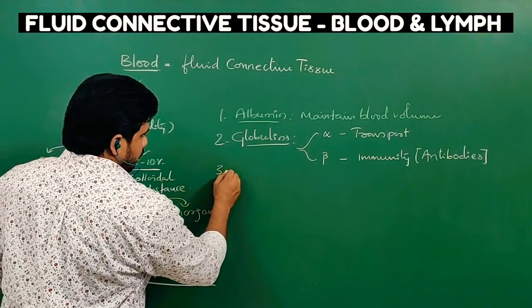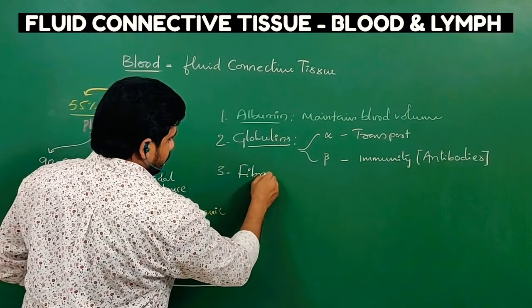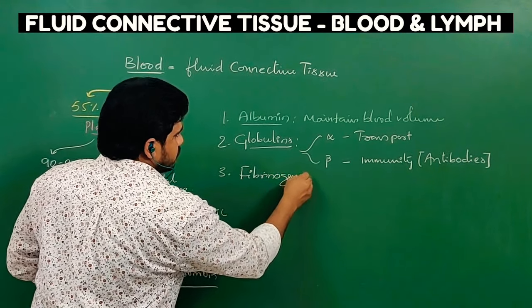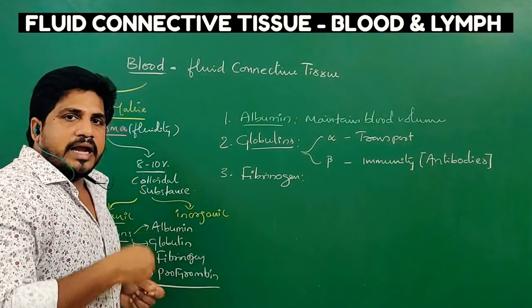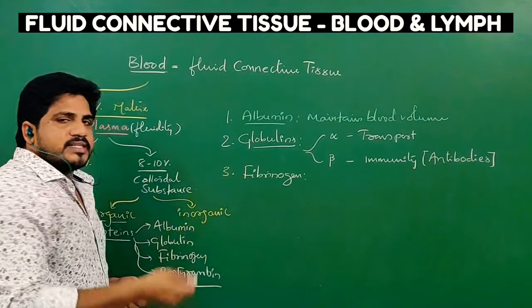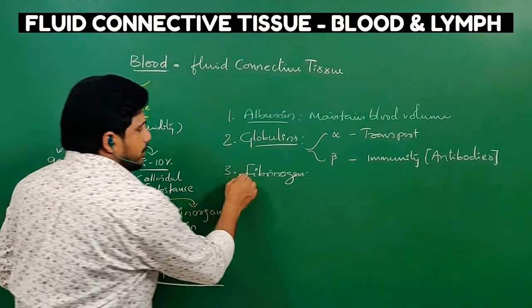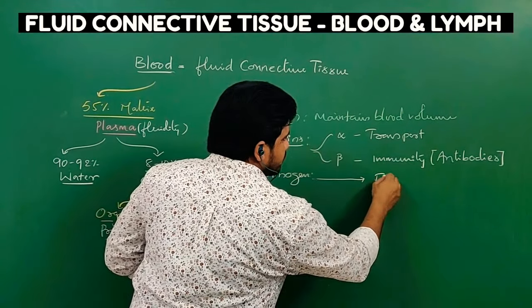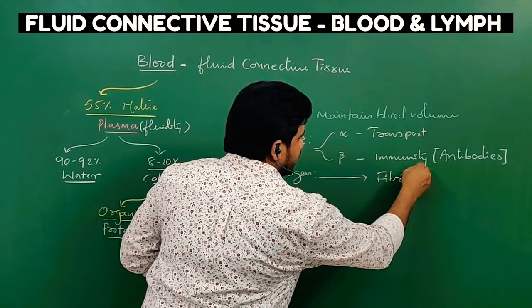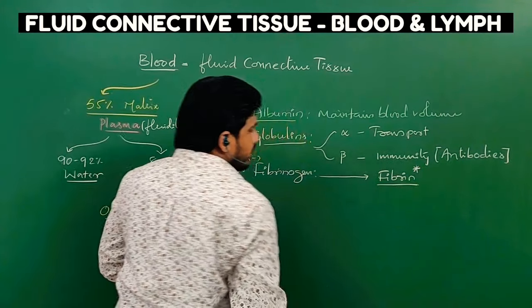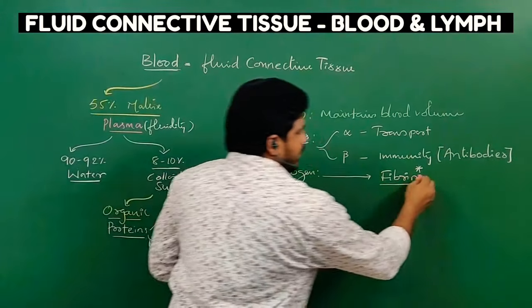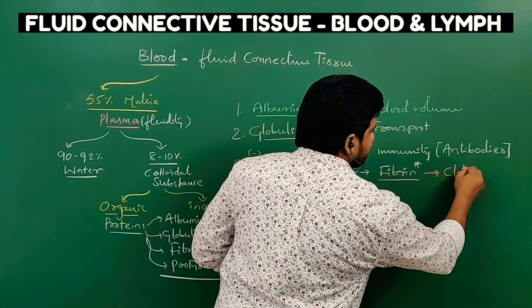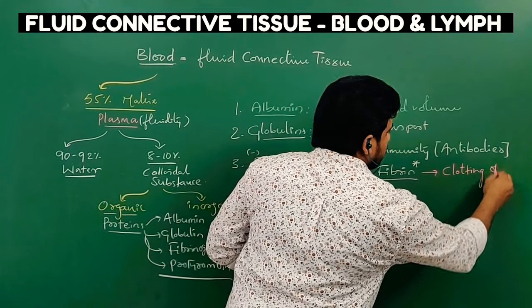Third one is fibrinogen. This fibrinogen is synthesized in the liver and released into the blood, but fibrinogen exists in blood in an inactive form. This inactive form becomes the active form called fibrin during blood clotting time. It helps in clotting of blood.